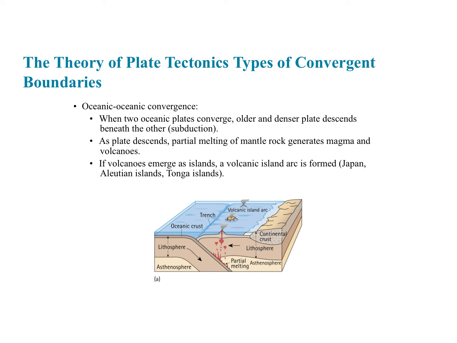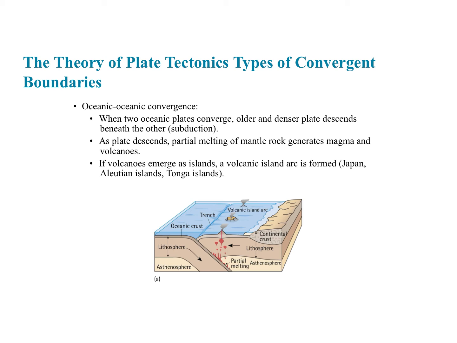And this kind of convergent boundary is particularly pronounced when you have two oceanic plates converging. So remember, we have continental plates, which are deeper, and we have oceanic plates, which are thinner. And when two oceanic plates converge, the older and denser plate tends to descend beneath the other. This process is called subduction.